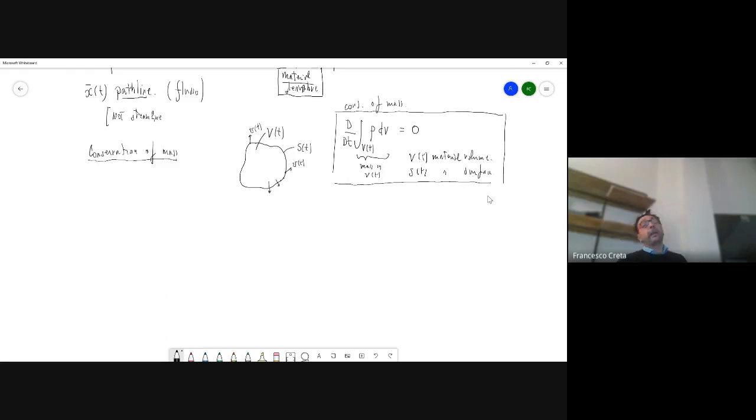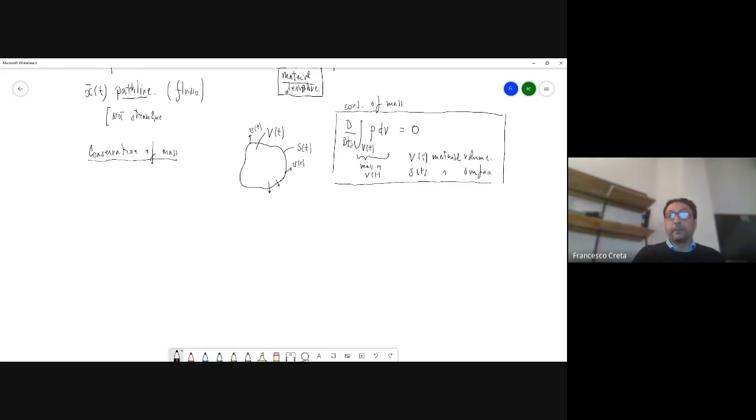The only problem that we have here is, well, now that we have found a very elegant and very compact way of writing down the conservation of mass, we have to understand if there is a way of expressing the material derivative d in dt of an integral.